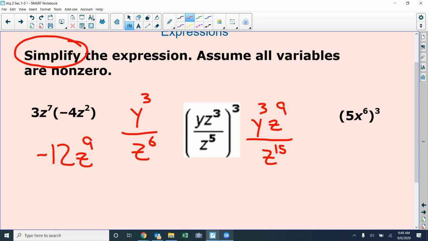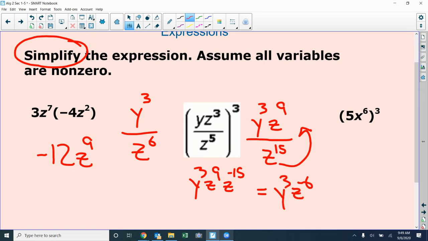Now, the other way you could write this is y to the 3rd, z to the 9th, and z to the -15th. I could bring that up, you see? I'm just showing you another way in case for later use. So now we end up with what? y to the 3rd, z to the -6, you still there?